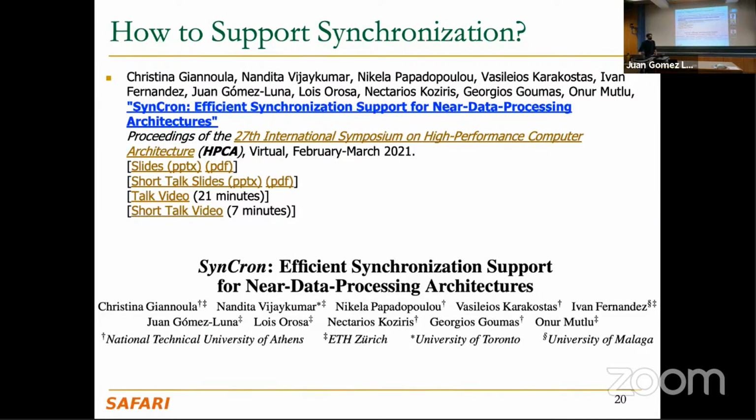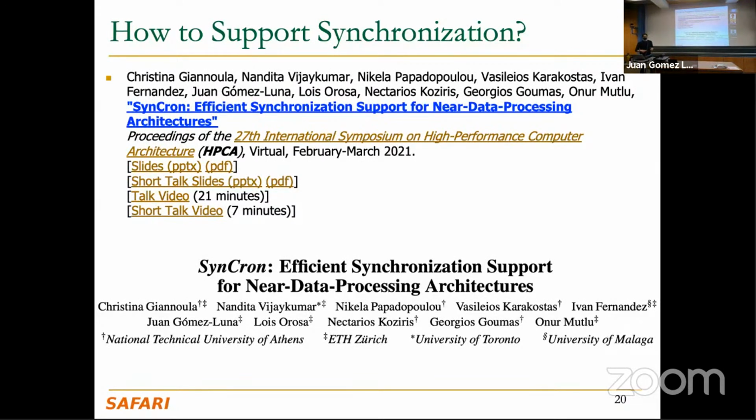Synchronization among PIM cores is also important. Essentially in a PIM system, you're going to typically have many cores, and in these cores maybe running one or multiple software threads, and these software threads may need to synchronize, right? And this is especially important in multi-threaded applications.